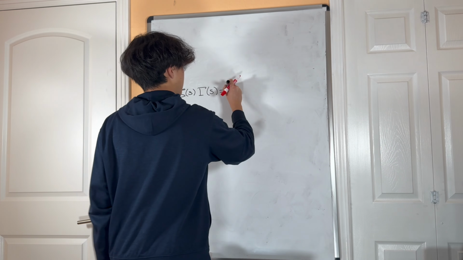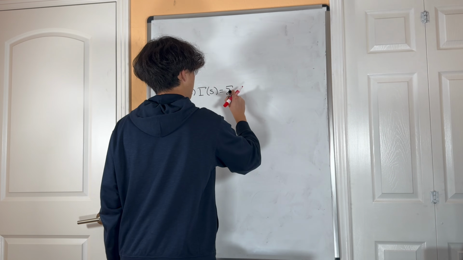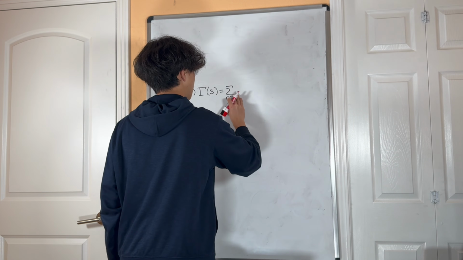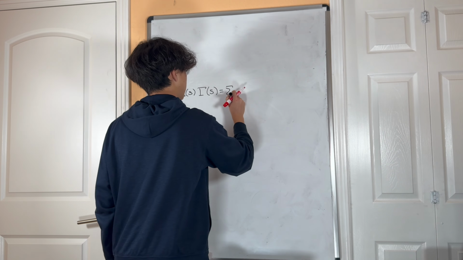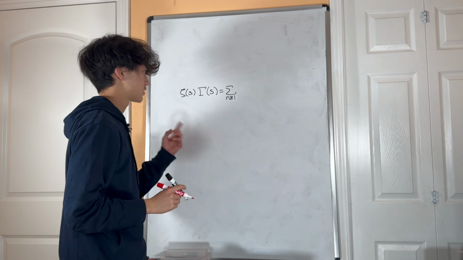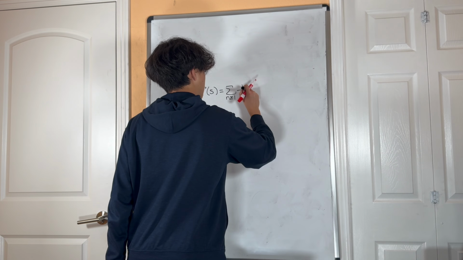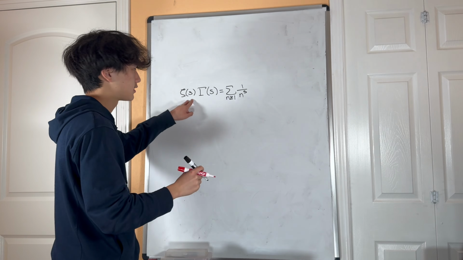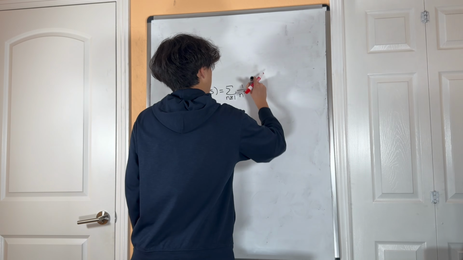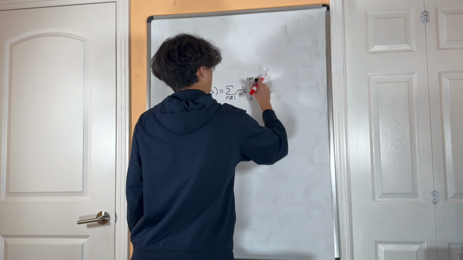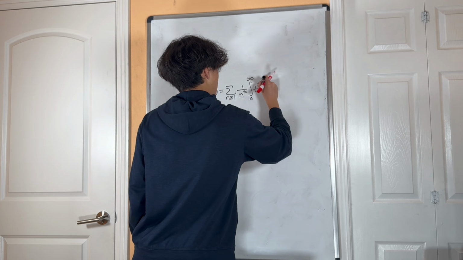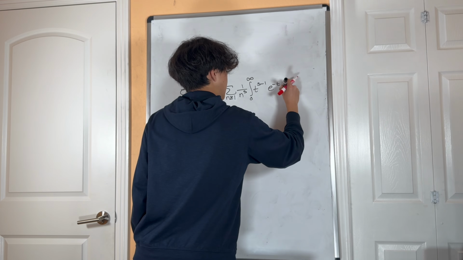Zeta of s is just this sum right here. It is defined as n starting at 1, and then 1 over n to the s power, so that's the argument. And then we have the gamma function, which is the integral from 0 to infinity of t to the s minus 1, e to the negative t dt.